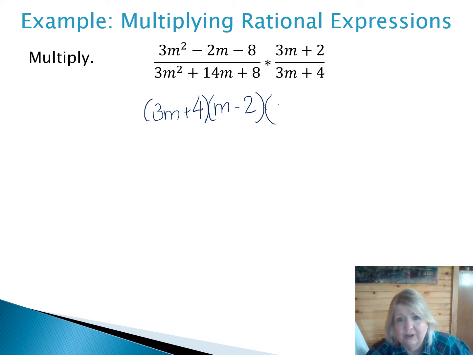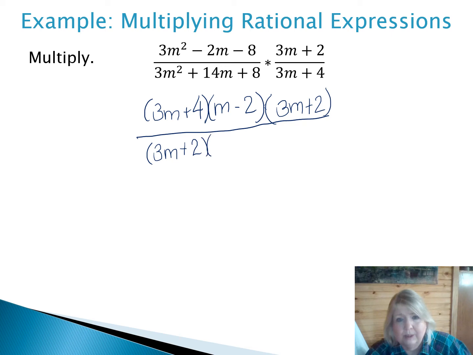So I feel confident I did that right. 3m plus 2 was already there. In my denominator, this is going to be 3m plus 2, m plus 4. Now double check the outer and inner, make sure we're right. That's 12 and 2 makes 14, so yes. And then 3m plus 4 was already there.